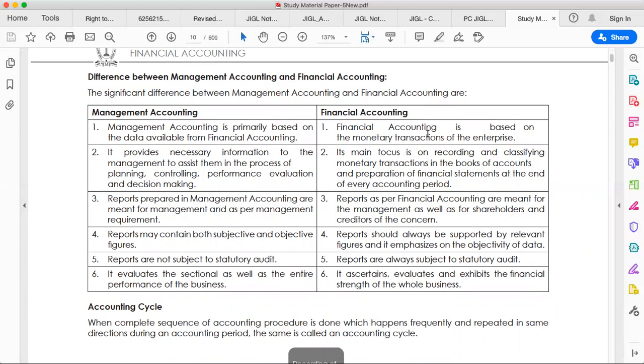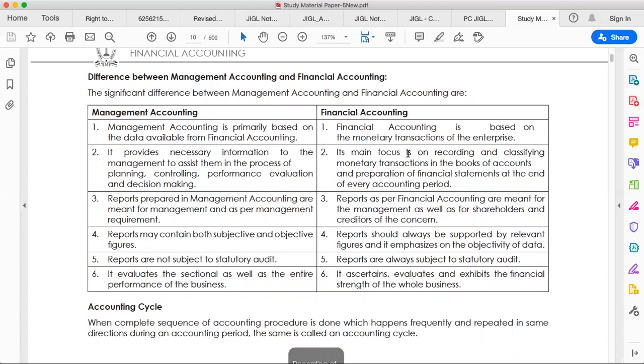But financial accounting cannot. Its main function is recording and classifying monetary transactions in the books of accounts and preparation of financial statements at the end of every accounting period. It's just to complete the accounting, prepare trial balance, and from that prepare balance sheet, P&L. That's it. But management cannot use financial accounting for their decision making purpose.